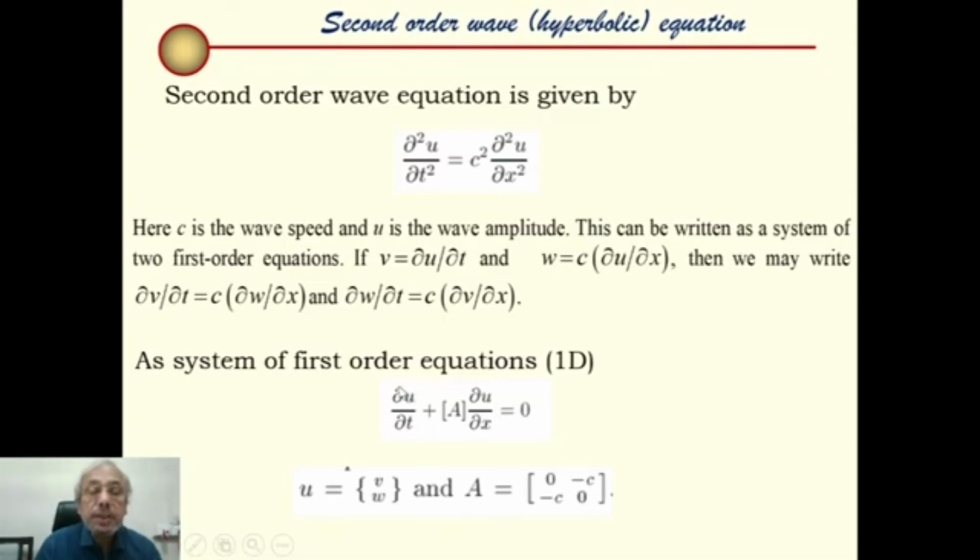Which is del U del t plus A del U del x equal to 0, where U is an array of v and w, and A is a matrix with elements 0, c, c, 0. So the second order wave equation can be represented as a system of first order equations.